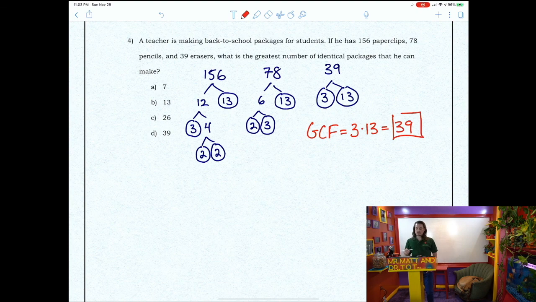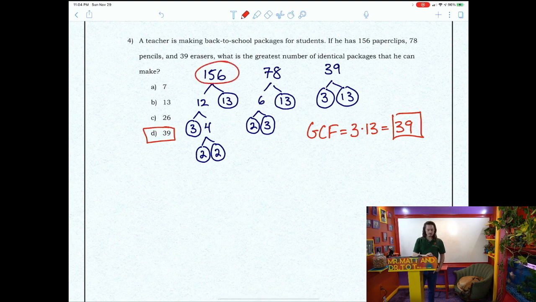In the next problems, we're going to ask more specific questions relating to the individual components of paper clips, pencils, and erasers. So notice that the GCF of 39 means that you could divide each of these values by that GCF, and you would find the individual number of items in each of the identical packages.